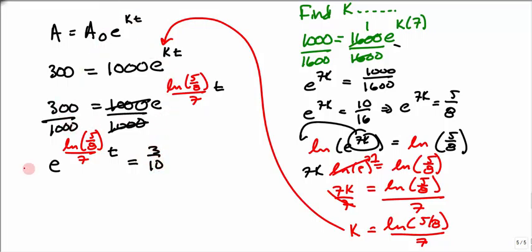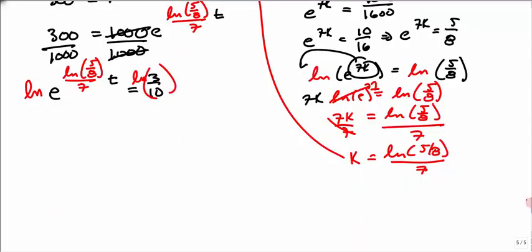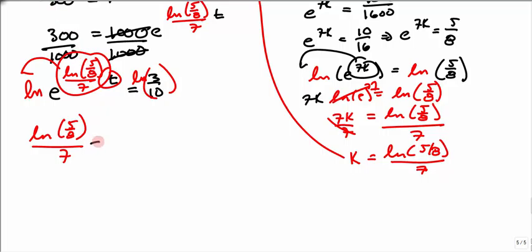Then we go ahead and take the natural log of both sides, and I would graph this actually, but that's just how I would look at it. You know, the sooner you can graph this, the better, because you might make some mistakes in between. So the whole idea of that is so we can pop this exponent out front. So I'm going to have natural log of 5/8 over 7 times t equals natural log of 3/10.